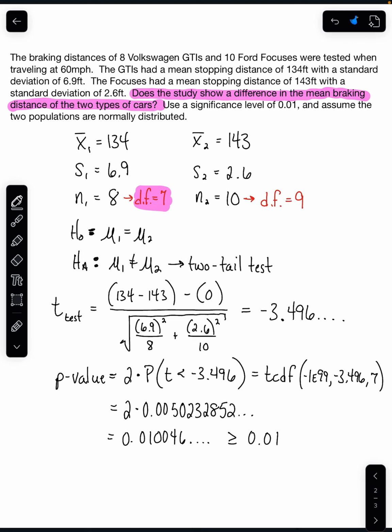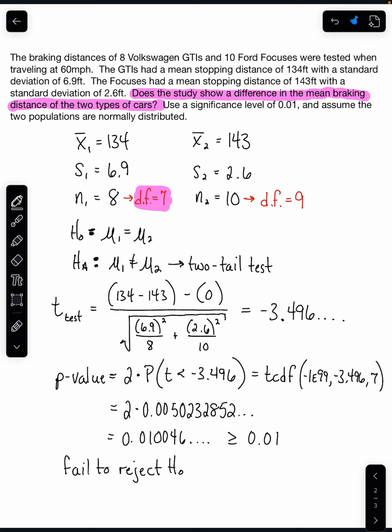If our test statistic came out just a little bit bigger, our p-value would have come out just that little bit smaller, and it would have been enough to change our decision. So in this case, it's a very, very close thing, but we will fail to reject h sub 0.